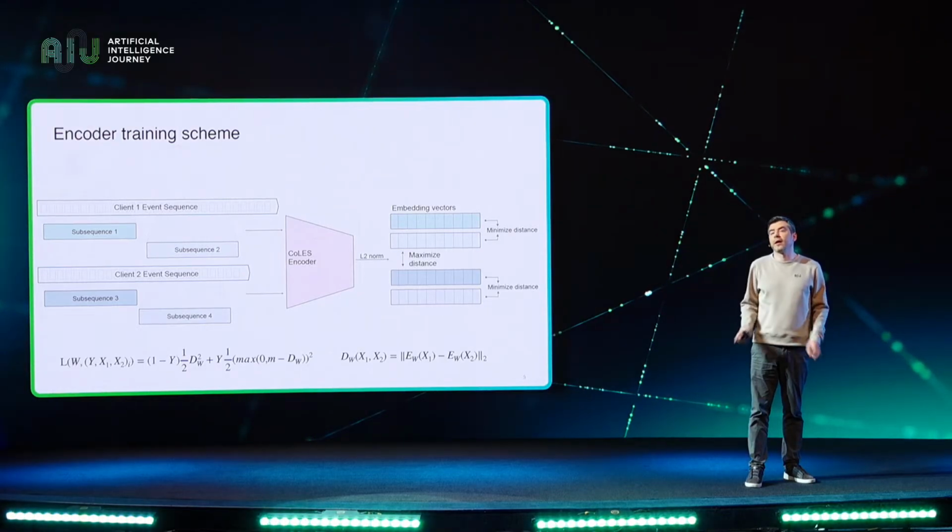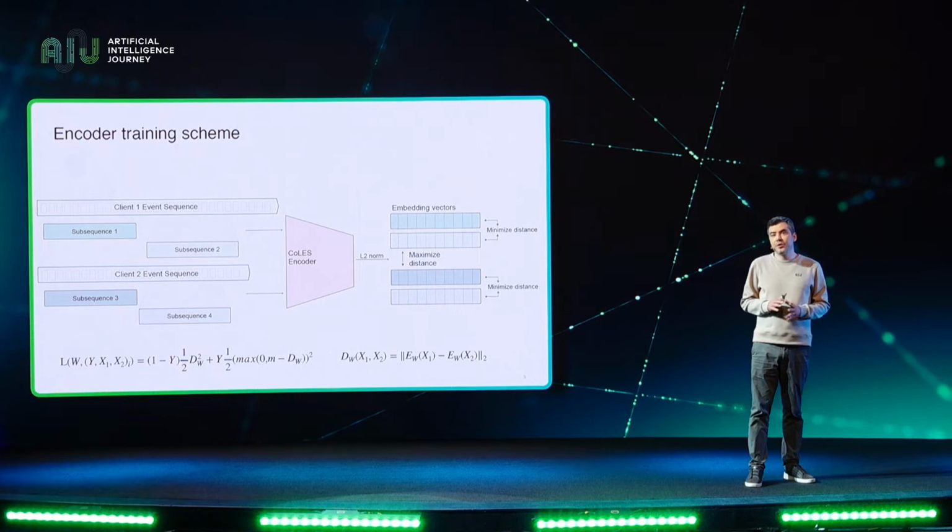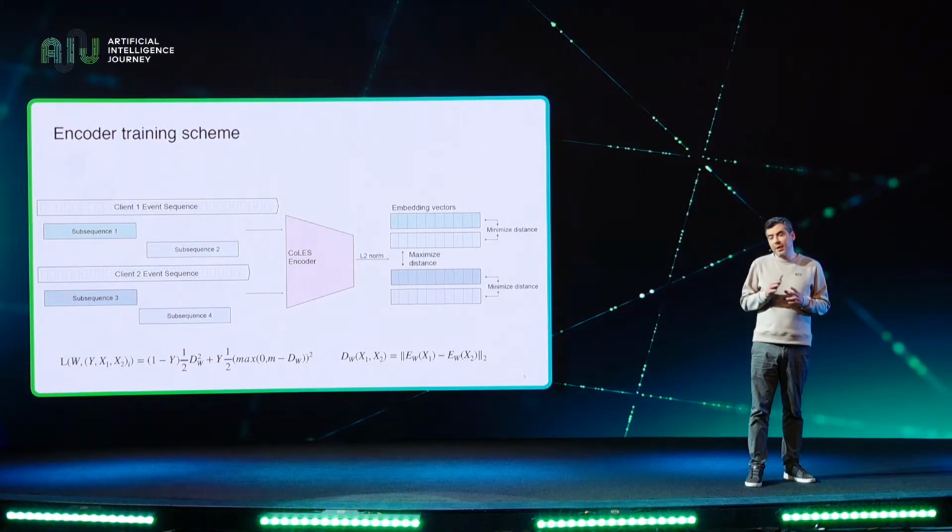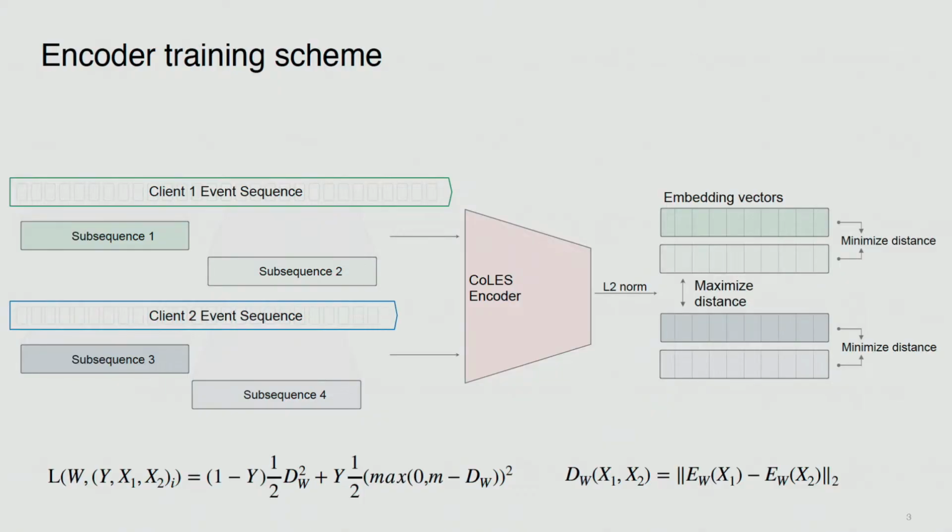The encoder neural network learned to produce such embeddings of photos where the photos of the same person would be next to each other in the embedding space, and different people's photos would be far away from each other. And this is described by the loss function.